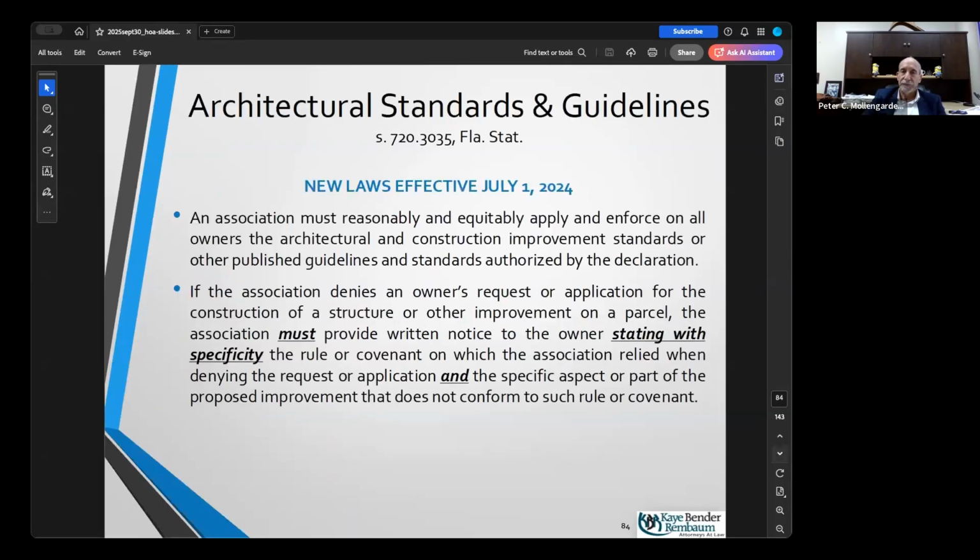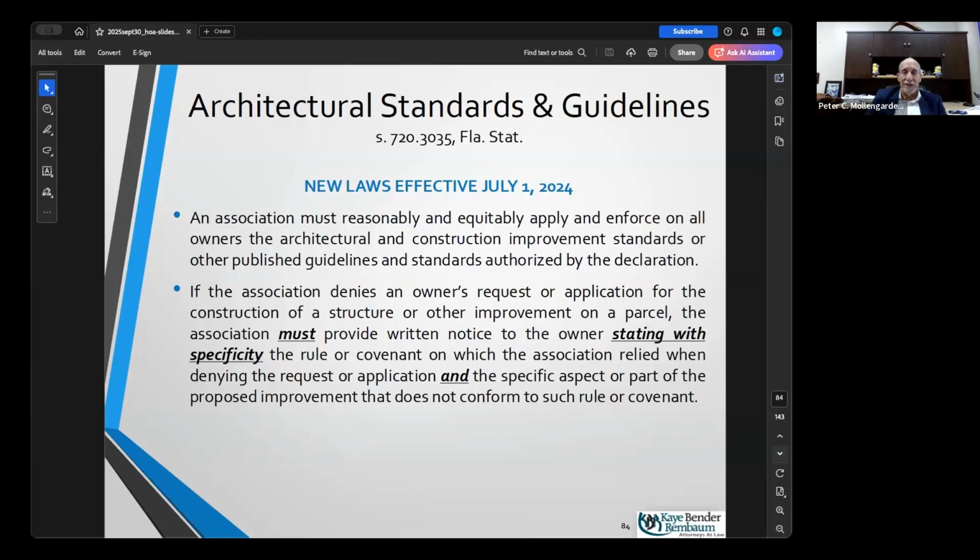Architectural control. And this is something that you guys are going to be active in, for those of you who are new, through your ACC committees. Effective last year, an association must reasonably and equitably apply and enforce on all owners the architectural and construction improvement standards or other published guidelines, standards authorized by the declaration.